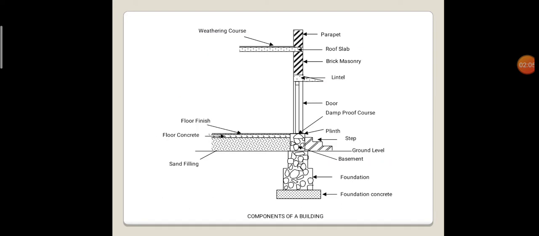Here we are listing some of the components of a building: basement, plinth, walls and columns, floors, doors, roof structures, parapet, floor finish or sand filling, foundation concrete. The basement is the floor of a building below the ground level.